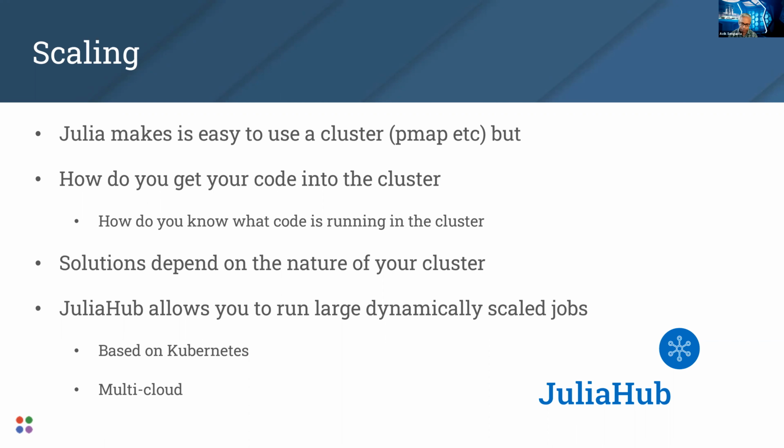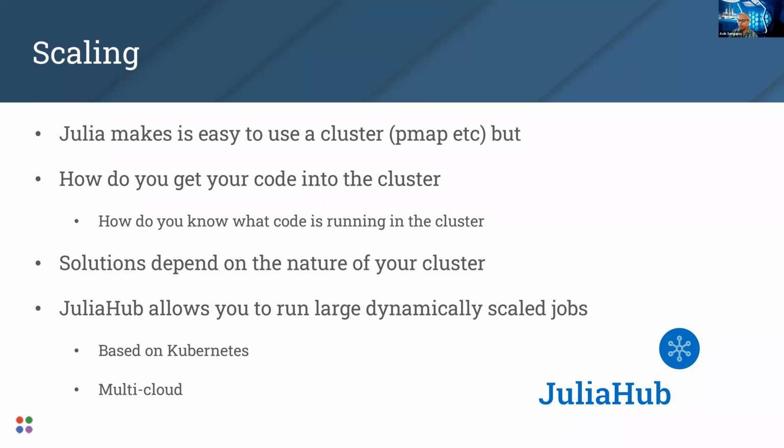And so once you have your cluster running, then Julia's built-in distributed computing primitives make it pretty easy to run Julia code on all the nodes on your cluster, right? But the key question in many of these situations is, how do you actually get your code onto the cluster, right? Onto all machines in the cluster.